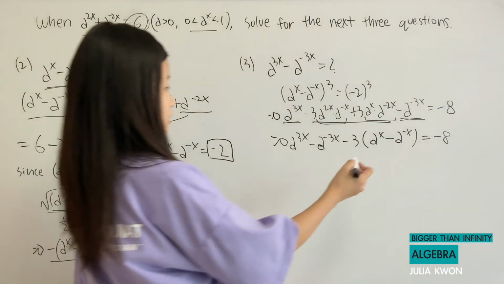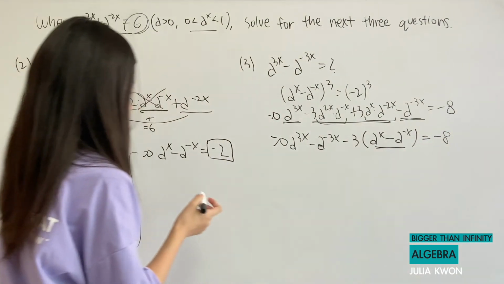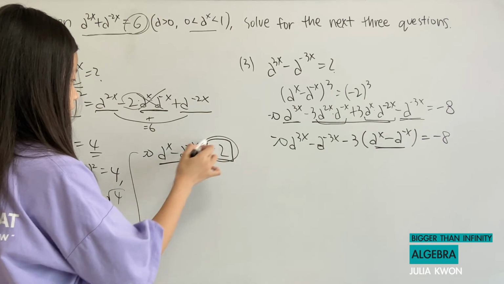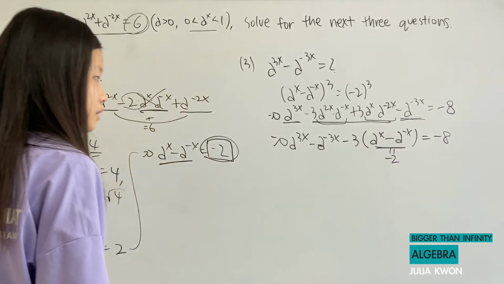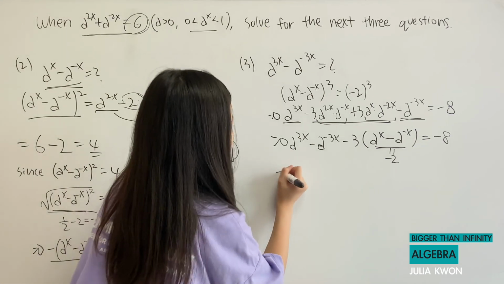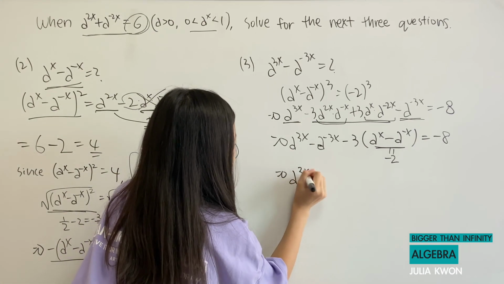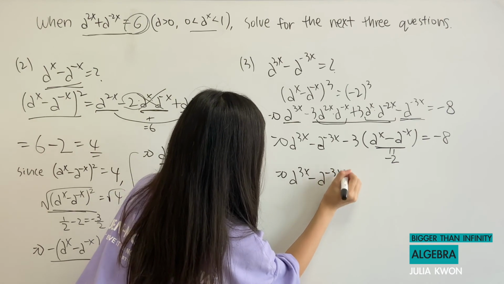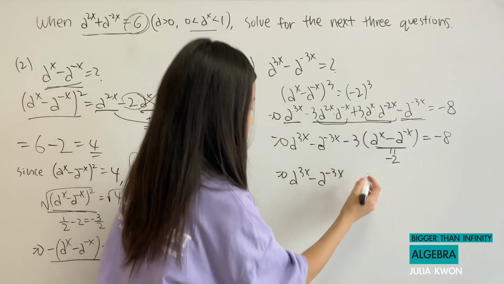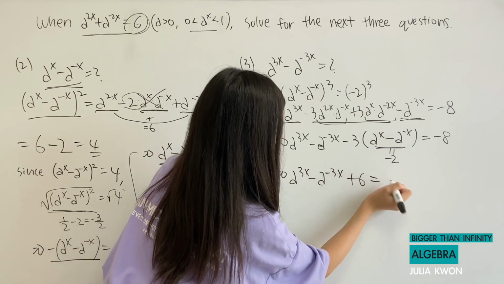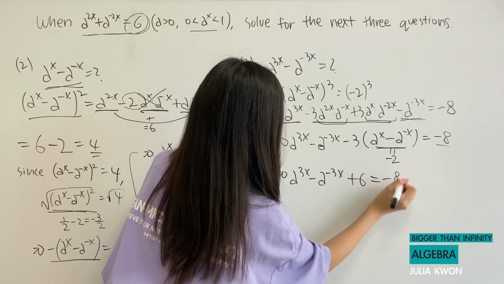Now, as you can see, this is what we found in number 2, -2. And so now, a to the power of 3x minus a to the power of -3x, minus 3 times -2 plus 6 is equal to -8.